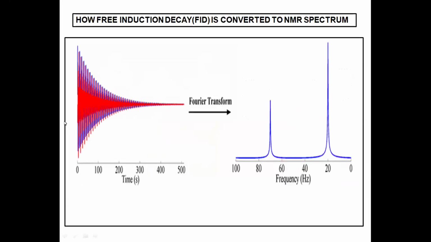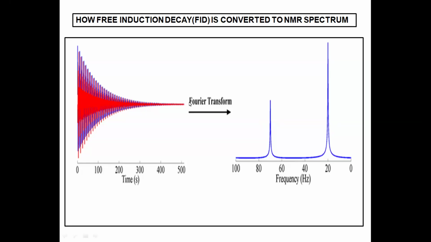Now if we see a signal accumulated on the NMR spectrometer, it will look like this. This has many frequencies inside it. This signal accumulated depending on the nuclei is called free induction decay. When we Fourier transform this, it generates a spectrum, and that spectrum is called an NMR spectrum.